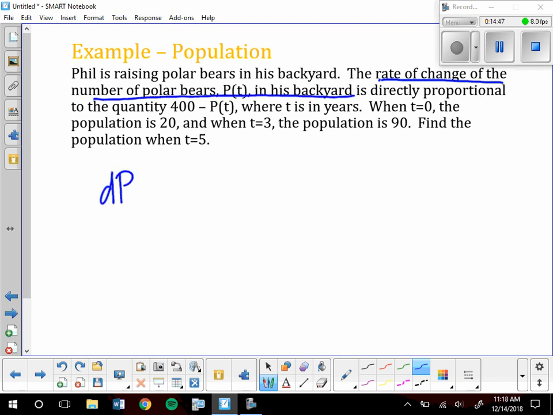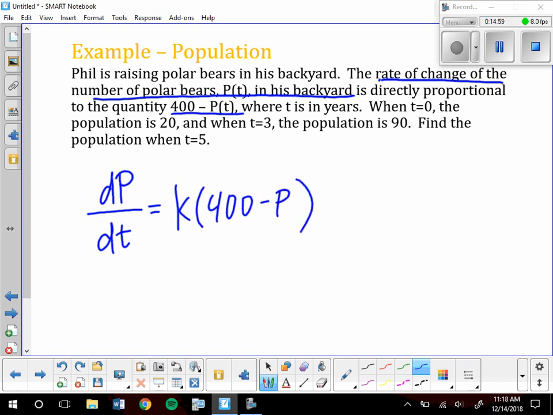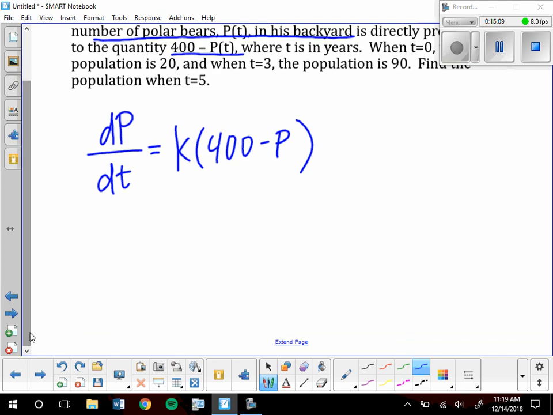So change in polar bears, which we call P, over change in time, is directly proportional to the quantity 400 minus P. So here's our differential equation that models the situation. We're going to try to find the actual population function. And to do that, we're going to solve this differential equation by separating variables.